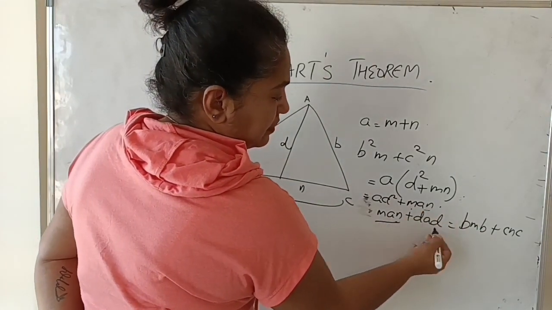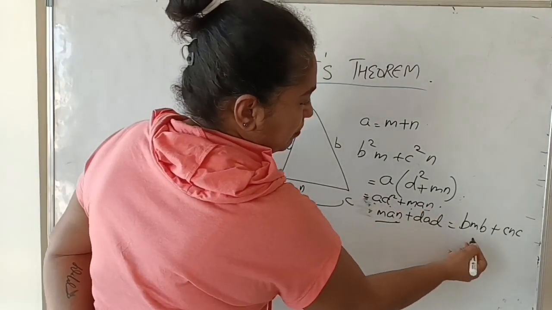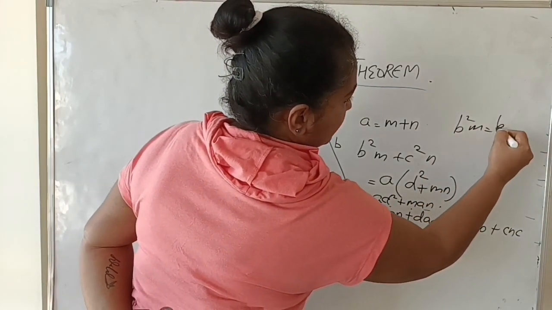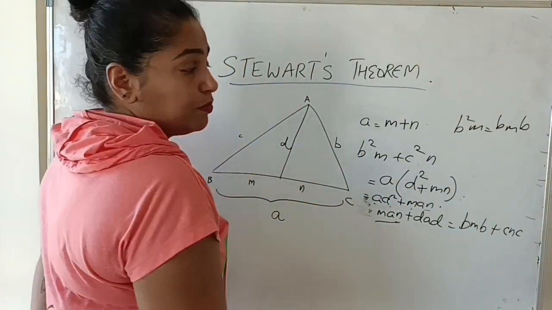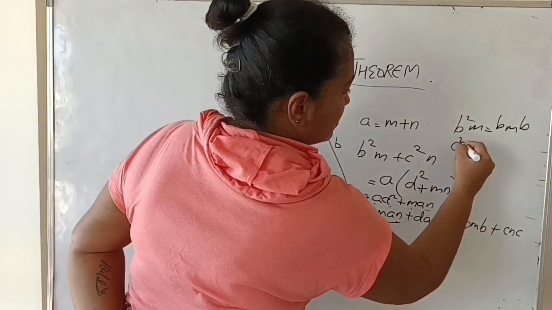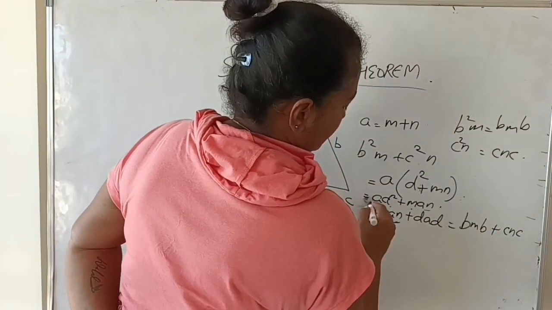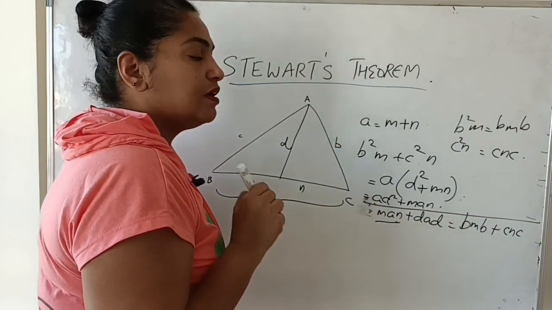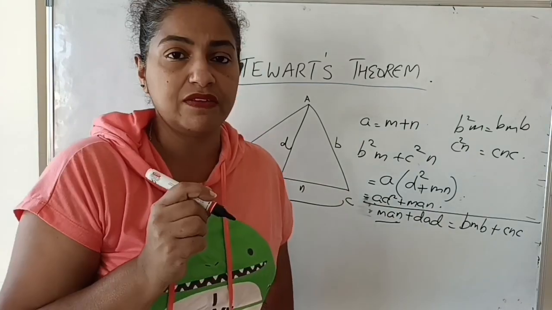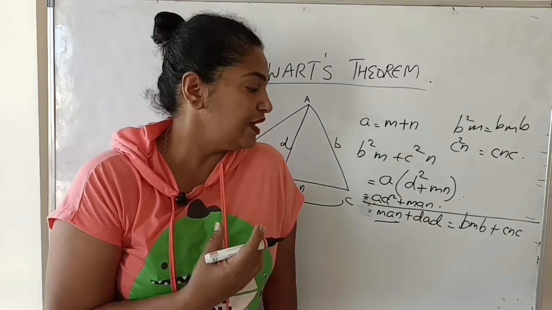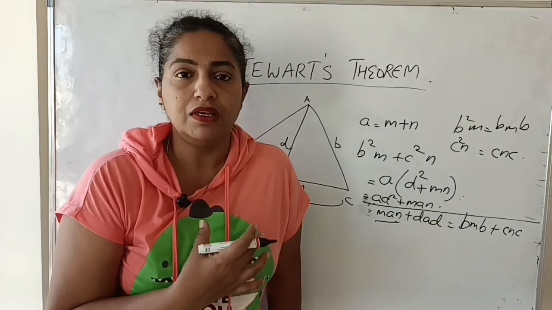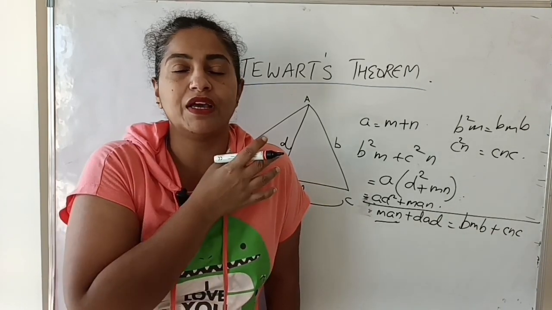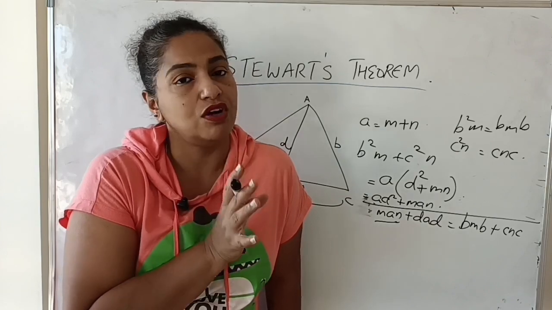So man, dad, and b square m becomes bomb, and sink. This is a mnemonic that they are using. Man plus dad is equal to bomb plus sink. If that works for you, you can use this mnemonic to remember the theorem. It totally doesn't work for me, but it is left to you as a student to adapt to whichever method you find easier or comfortable.